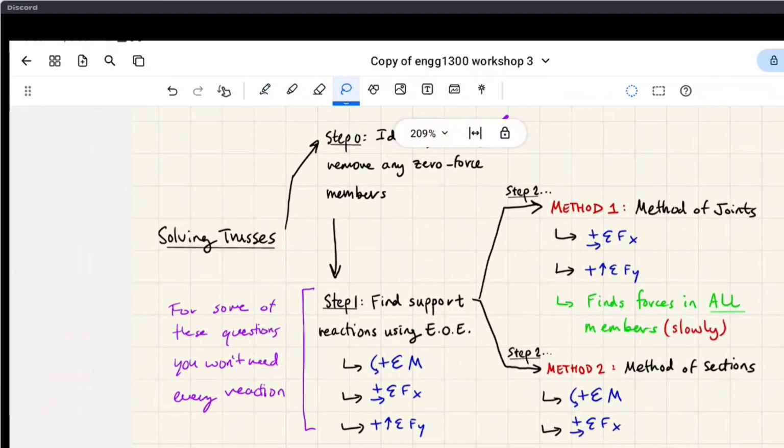Next, we can choose our method: the method of joints or the method of sections. There are a lot of caveats with both, and I would encourage you to practice questions for both. I've included some extra practice questions on Moodle, as well as in my Google Drive.